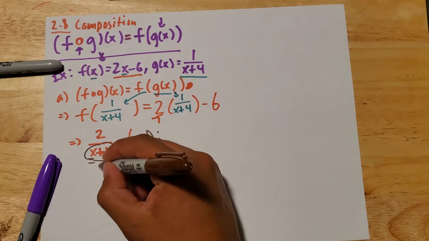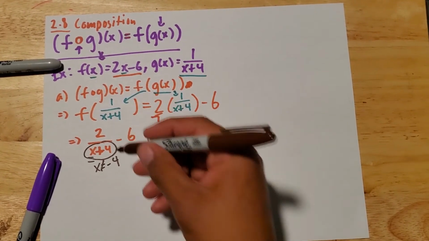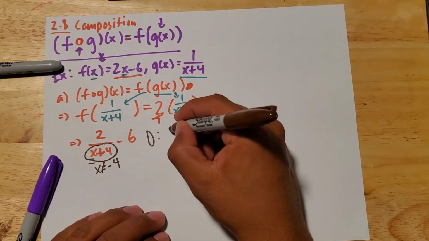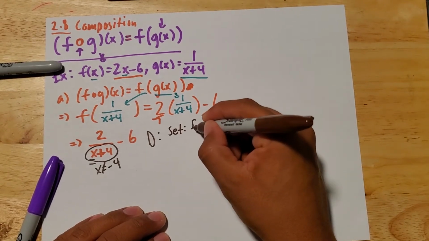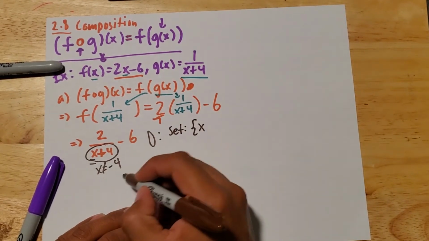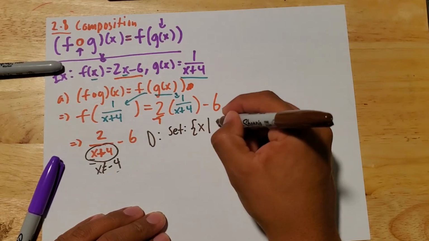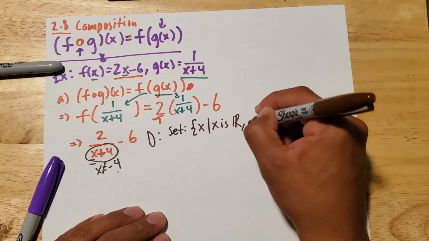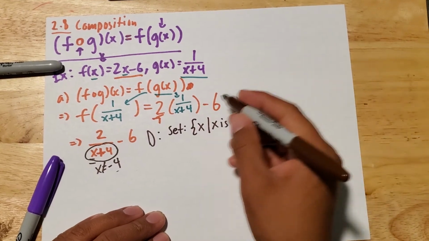And I know that I don't want to use negative 4. I can do that by observation. So when I'm doing my domain in set notation, just like before, everything works but this negative 4. So that means it's x such that x is all real numbers. It just cannot be negative 4.